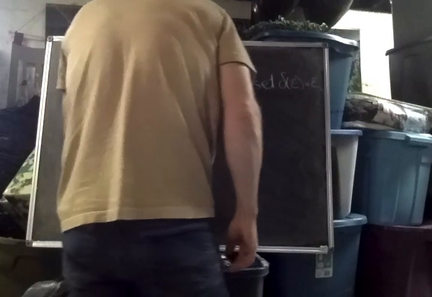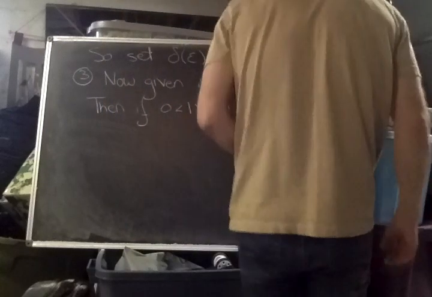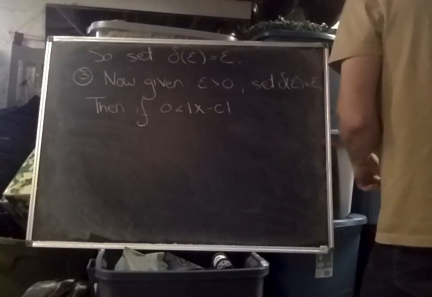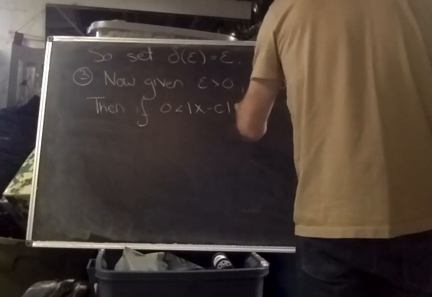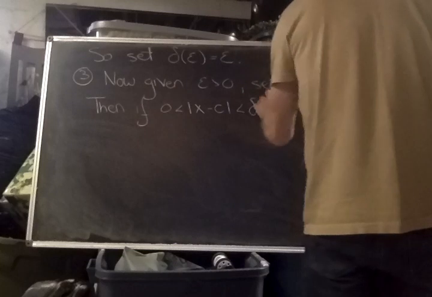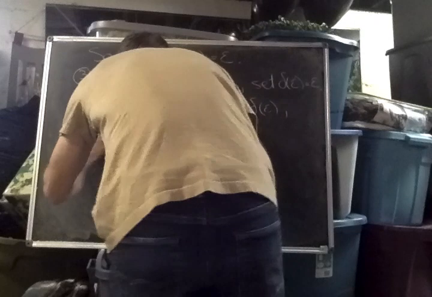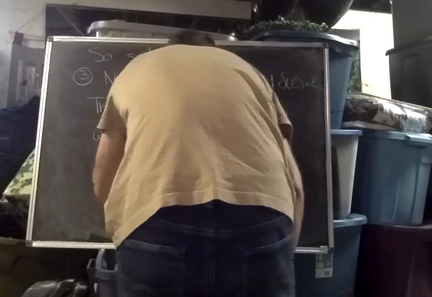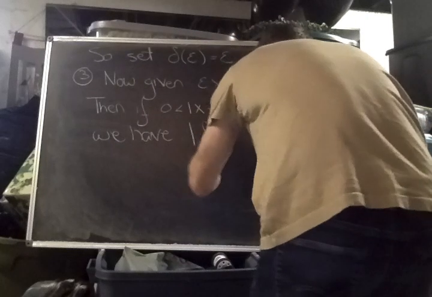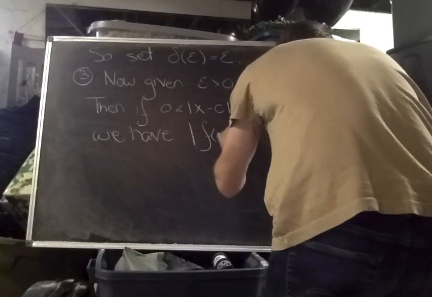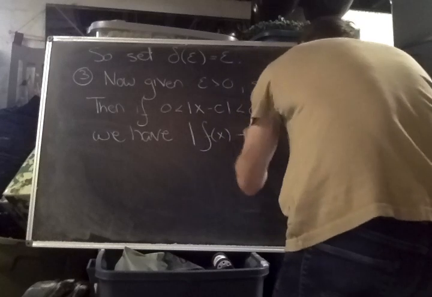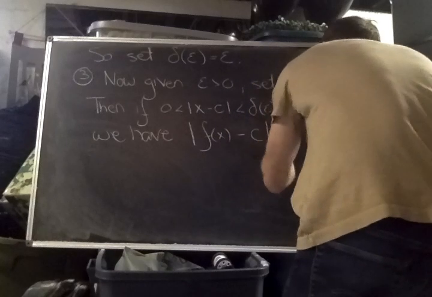Then, if the distance from x to c is less than delta of epsilon, we have that the distance from f of x to c is less than epsilon.